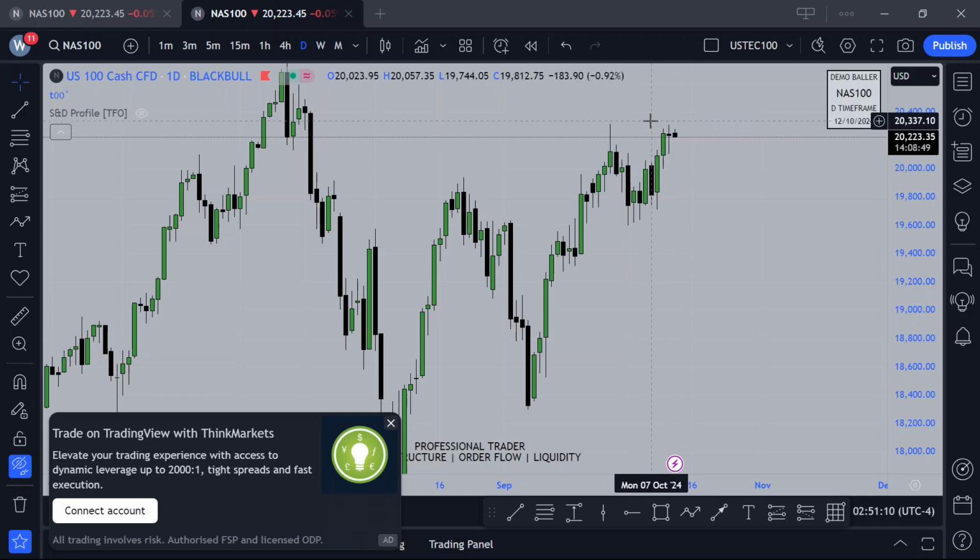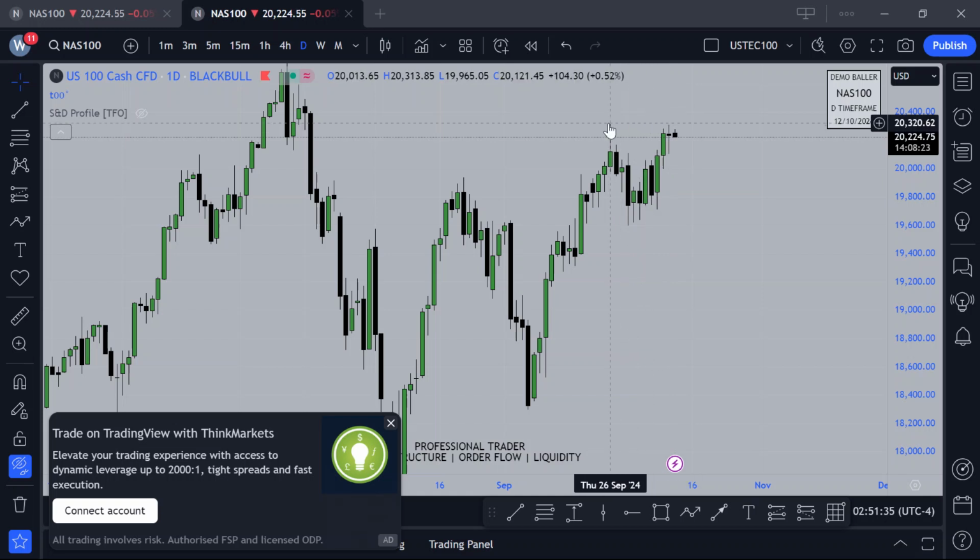I'm not sure exactly how far up we'll go, but that is what I think price would do. It's not definite, it's most likely to do that because look at this. We have these equal highs here. This high is lower than this one, so that means that price is likely to run this level here.